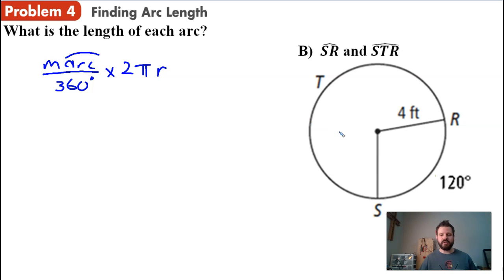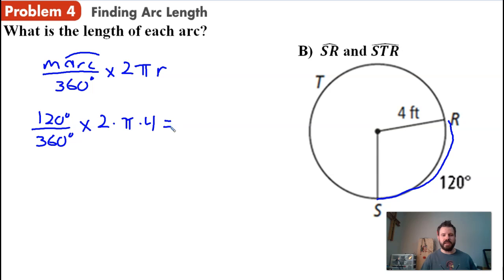So for SR, filling that in, SR is this arc with an arc measure of 120. So we'll go 120 over 360 times 2 times pi times 4, the radius. And when I multiply things through, leaving the pi out of it, I get 2.6 repeating. So we could say 2.6 repeating pi.